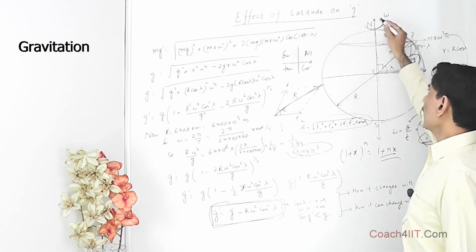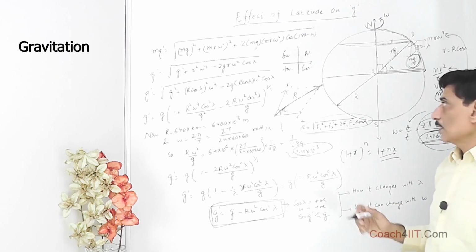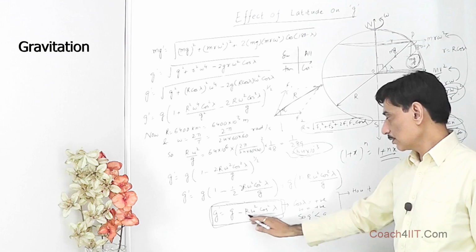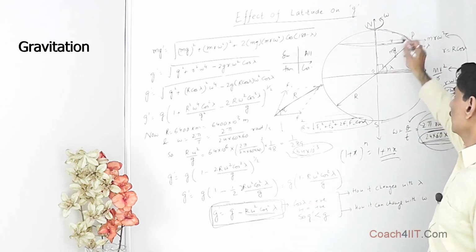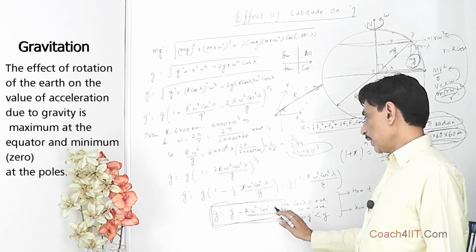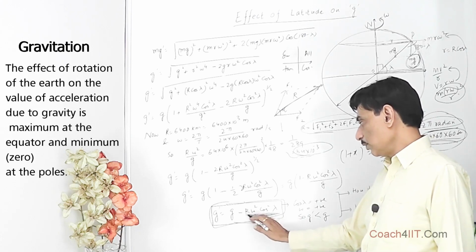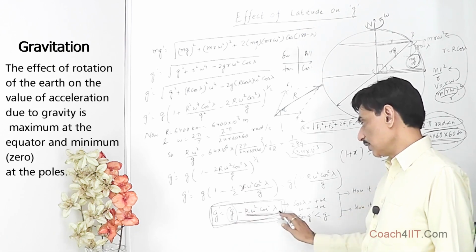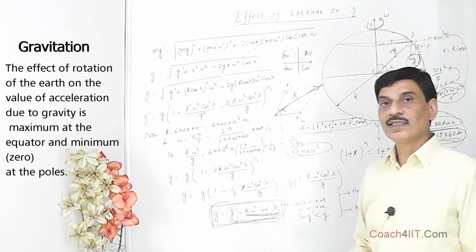Now let's say somehow omega of earth increases, so this value increases for any particle, be it over here or over here, keeping the rest of the things constant. When omega is increasing, this value is increasing. It means g, that is constant, minus something that is increasing, so overall this is decreasing.